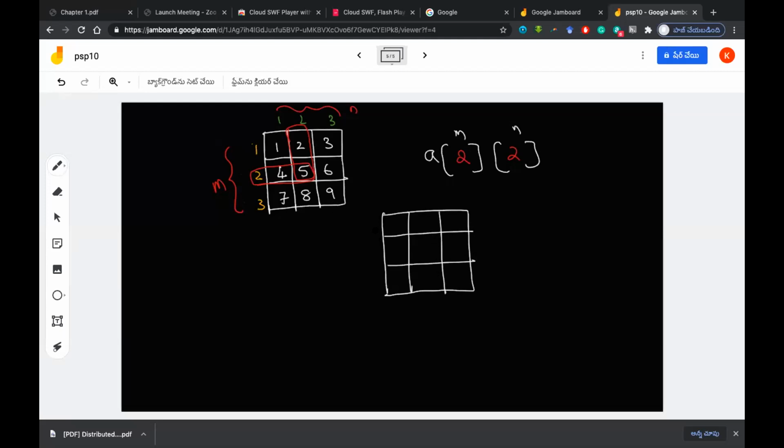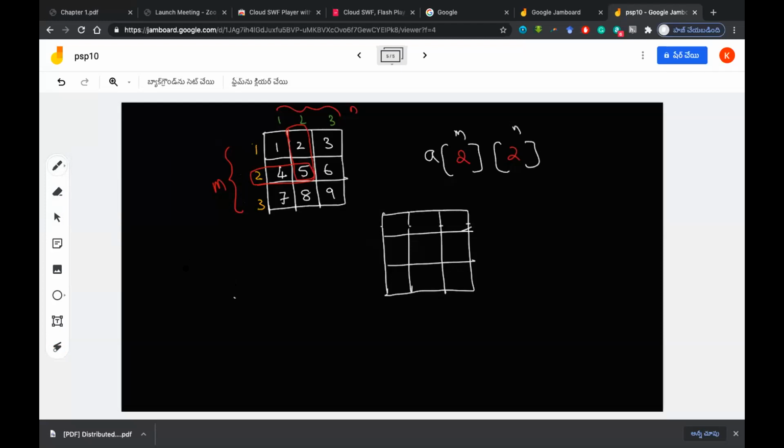Now, when I talk about this, first I want to fill this row. Next, I want to fill this row. Next, I want to fill this. Okay, so first to fill it, how do I do it generally is like this.